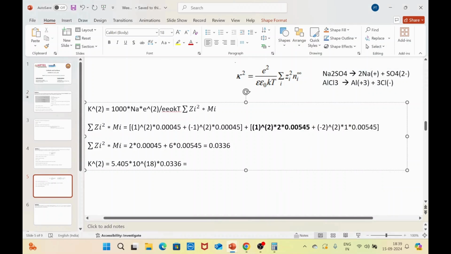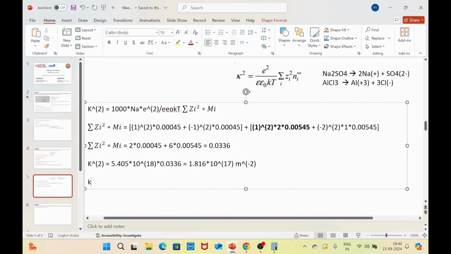I'll calculate on my personal calculator. 5.405 times 10 power 18 times 0.0336 comes around 1.816 times 10 to the power 17 meter power minus 2.